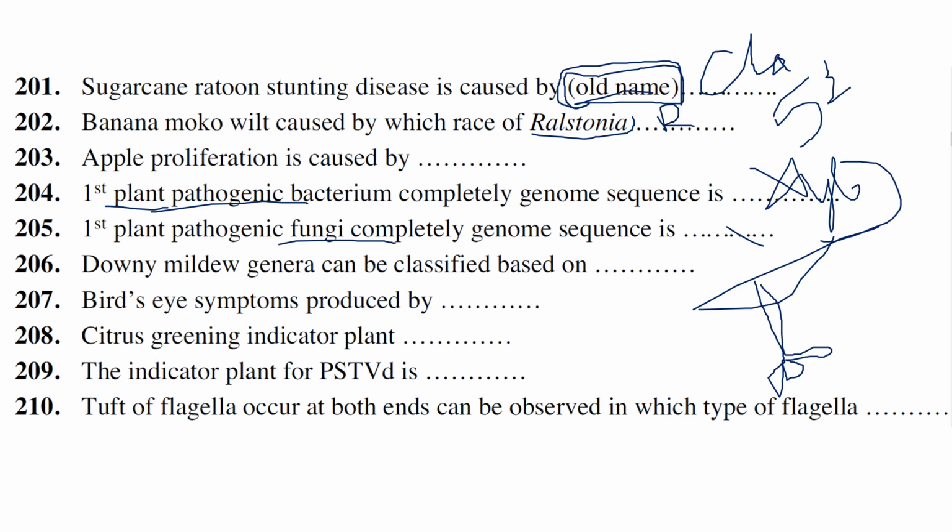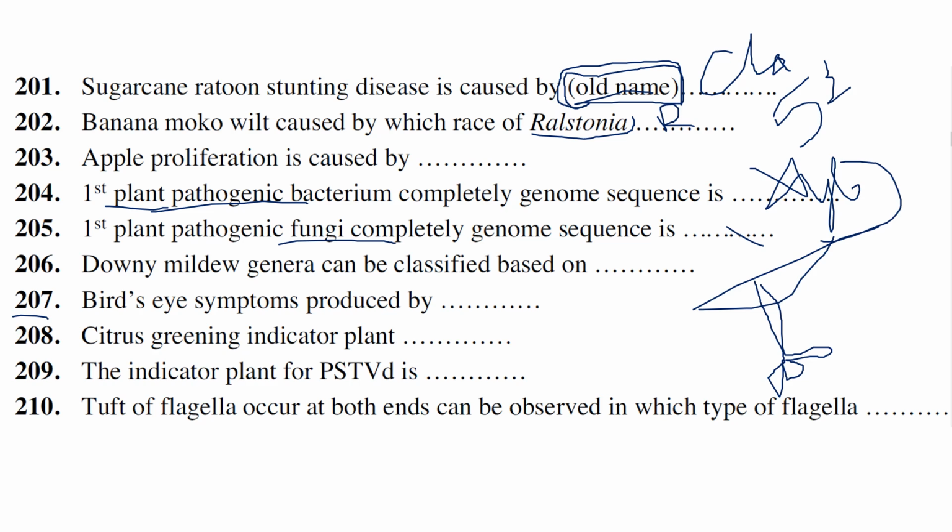So based on how the sporangiophores branch, they are classified. Sometimes sporangiophore characters and branching also will be there in the options, but the general answer is the sporangiophore characters.